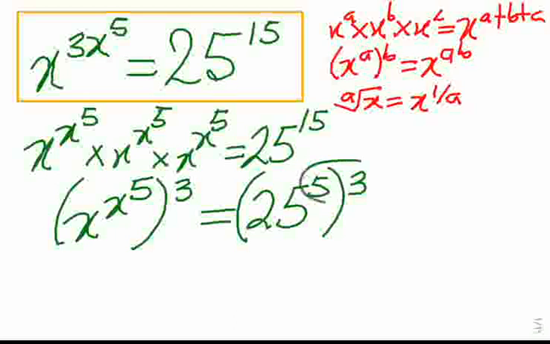So when you multiply the 5 by the 3, it takes us back to the 15. Why did I split this into 2? It is so that this power can cancel out that power. So what I have left now is x raised to power x raised to power 5 equals 25 raised to power 5.